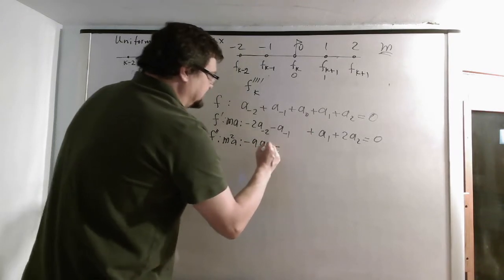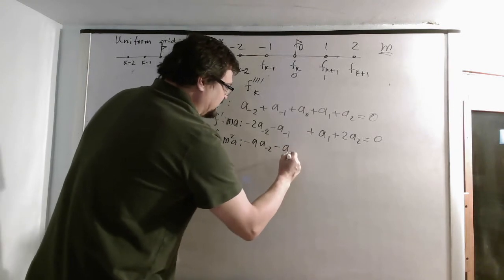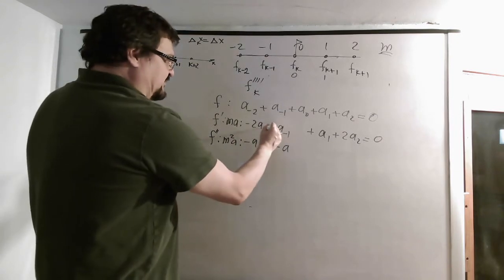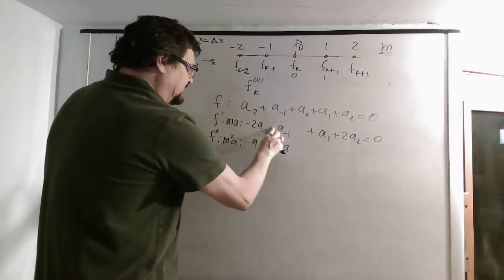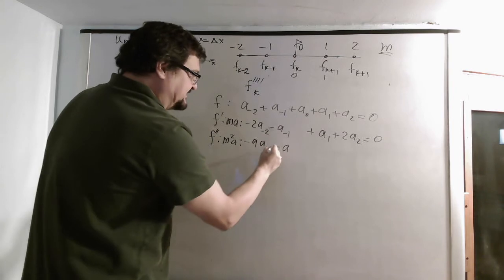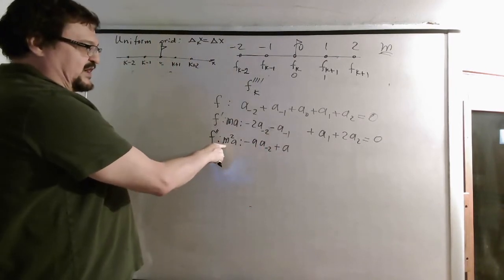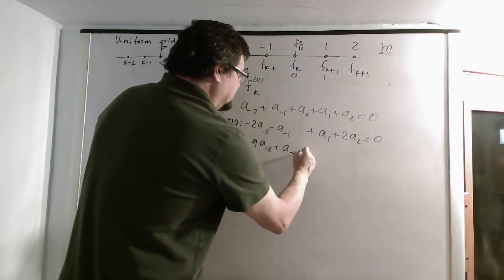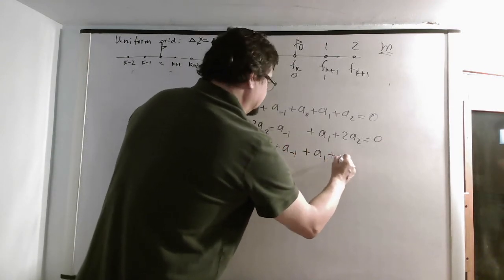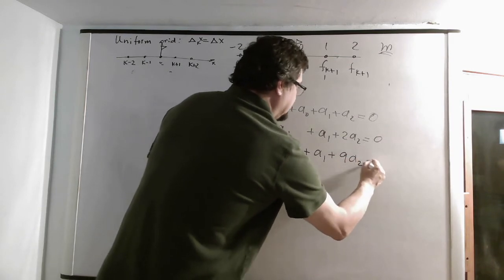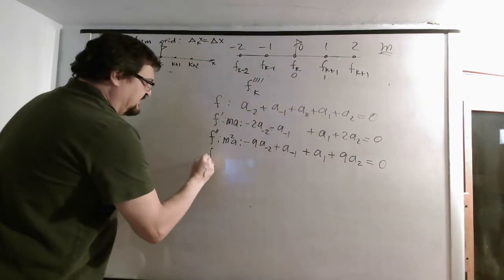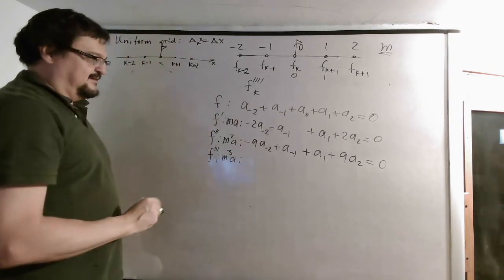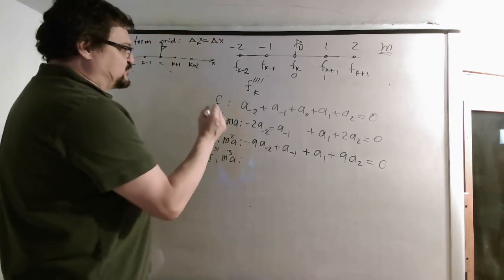Minus 2 squared is 4, so it's 4a minus 2, plus a minus 1, plus a1, plus 4a2 equals still 0. Sorry, my arithmetic is suffering. For the third derivative, it's m cubed times a, so you need to cube now.